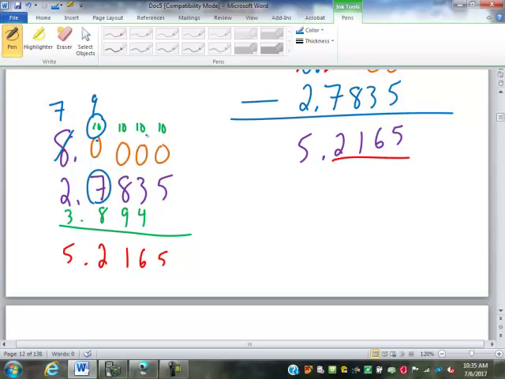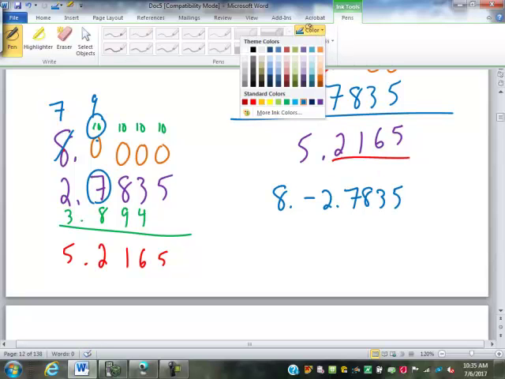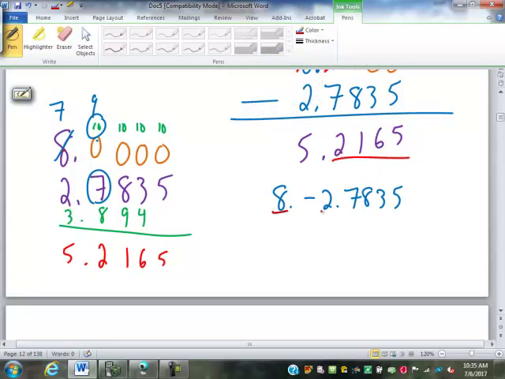Most of the people that I've seen that have been taught this method have been taught to do it backwards. They don't even write in the zeros. You just do, okay, 8 minus 3 is 5, 10 minus 8 is 2, 10 minus 9 is 1, 10 minus 4 is 6, and 10 minus 5 is 5.